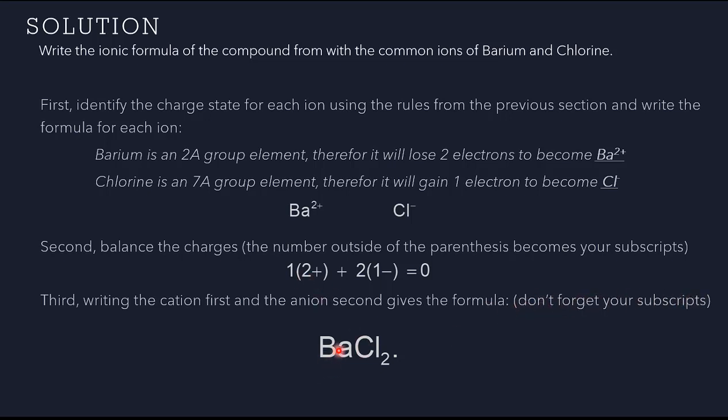So because barium would have a subscript of 1, right? Our 1 is on the outside of the parentheses. Then we don't include it because we assume if there's no number here, it is 1. However, chloride should have a subscript of 2 because we need 2 chloride ions to balance out the 1 barium. So we would write BaCl2.